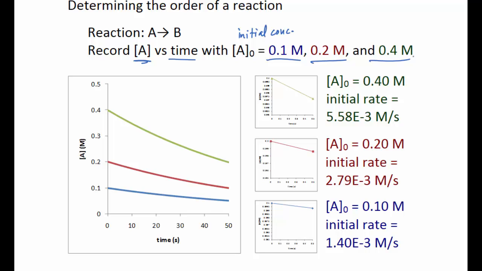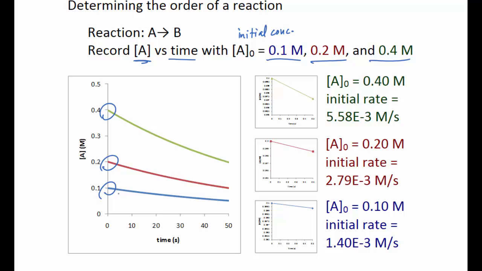So look at our graph here. 0.1, 0.2, 0.4. Those are the different initial concentrations that we started in our 3 different experiments. And then all we have to do is zoom in on the initial part, before the rate has gotten a chance to change, because the concentration is changing over time. We just look at the initial slope.